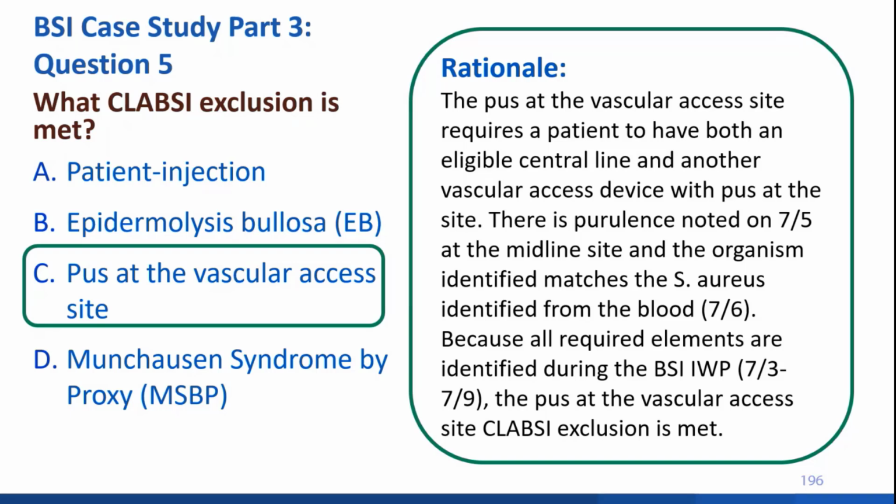And the organism identified matches the Staph aureus from the blood and the organism identified on 7.5 from the midline site. Because all required elements are identified during the BSI IWP, remember that's very important, the pus at the vascular access site CLABSI exclusion is met.